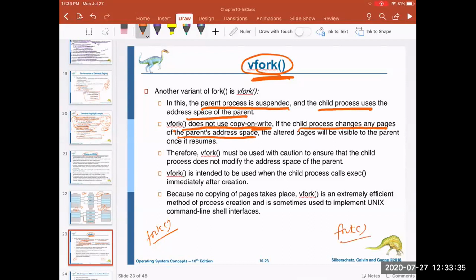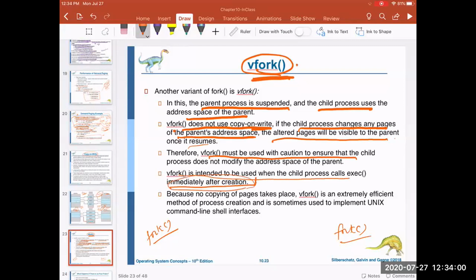So any process, parent or child, whenever it modifies the shared space, would create a copy of that particular page. The altered pages will be visible to the parent in case of vfork, and therefore vfork must be used with caution. It is intended to be used when the child process calls exec immediately after creation.